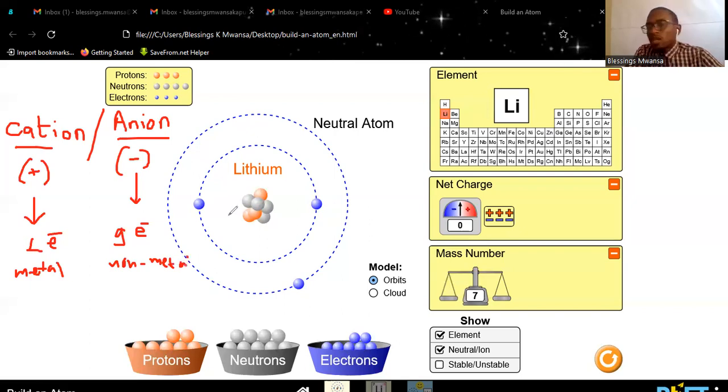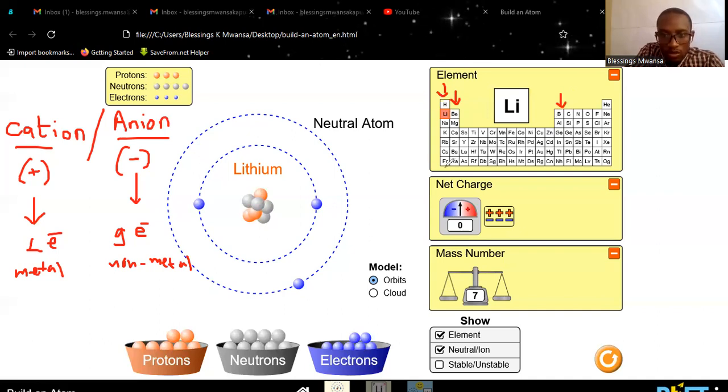Lithium is coming from the metal side, and according to the rule, metals will lose electrons according to their valency number. So the first thing you have to do is know the valency number of all these groups on the periodic table. Group 3, group 4, and so on. All the elements in group 1 will lose 1, all the elements in group 2 will lose 2.